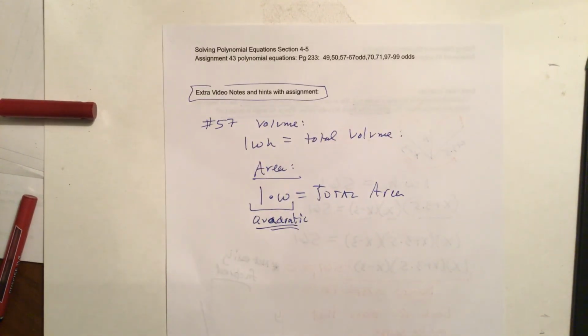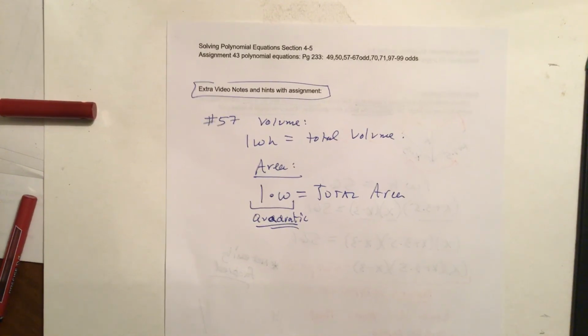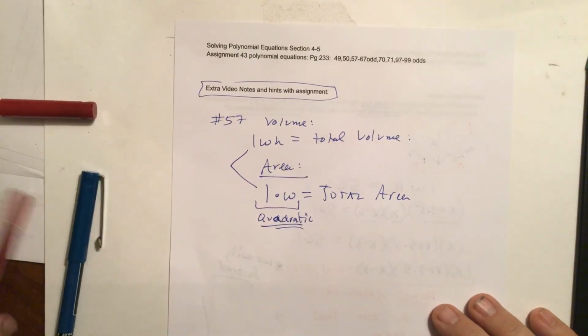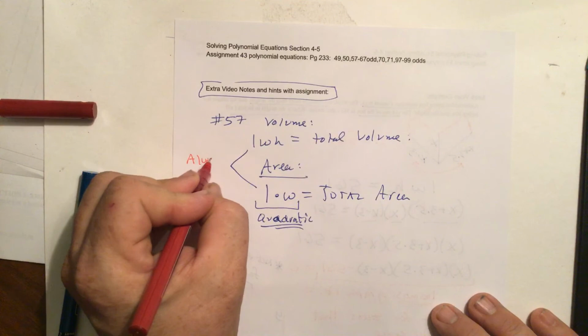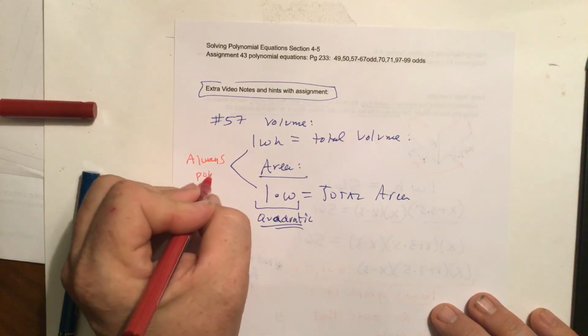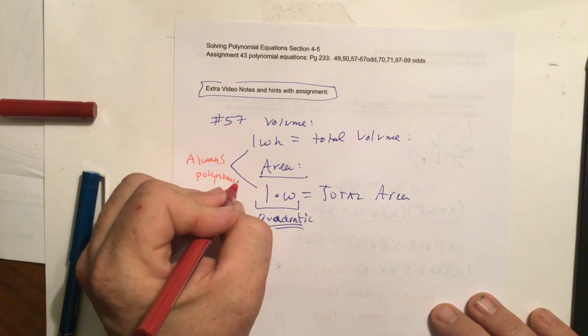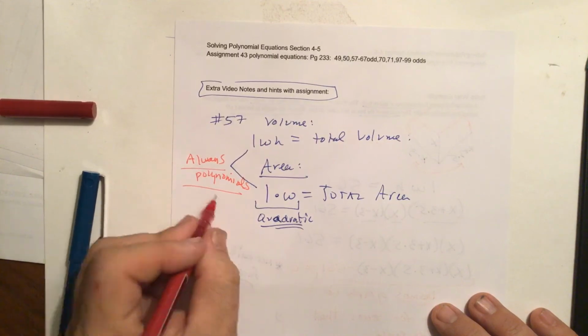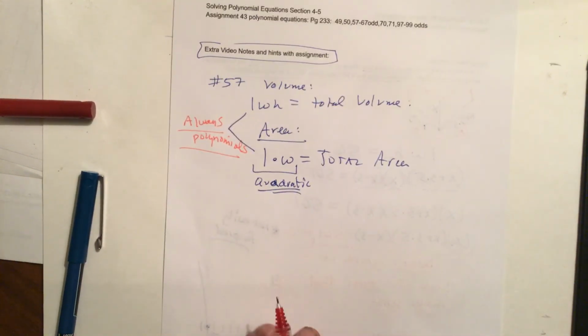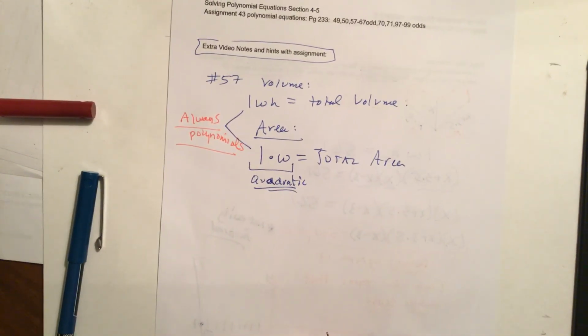So remember, everything's always being set up as polynomials. These are always going to be polynomials. So if you can set it up and get your polynomials, you're going to be good.